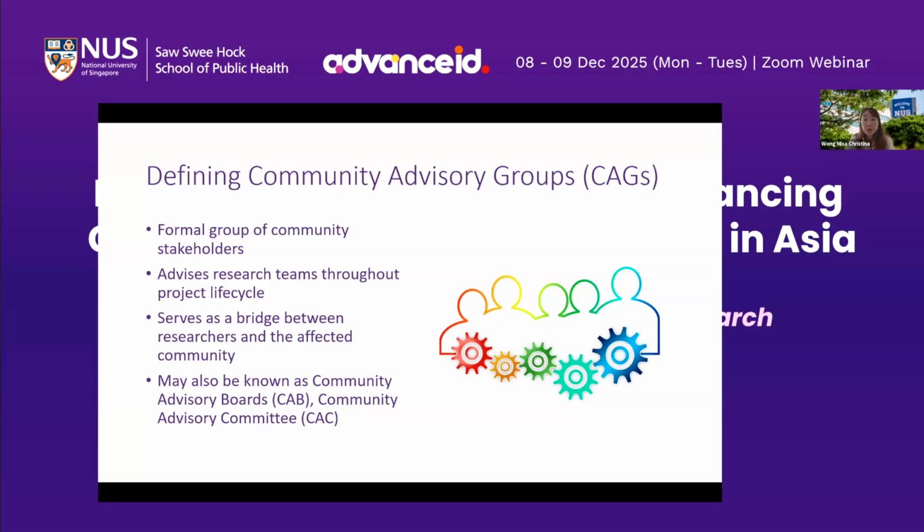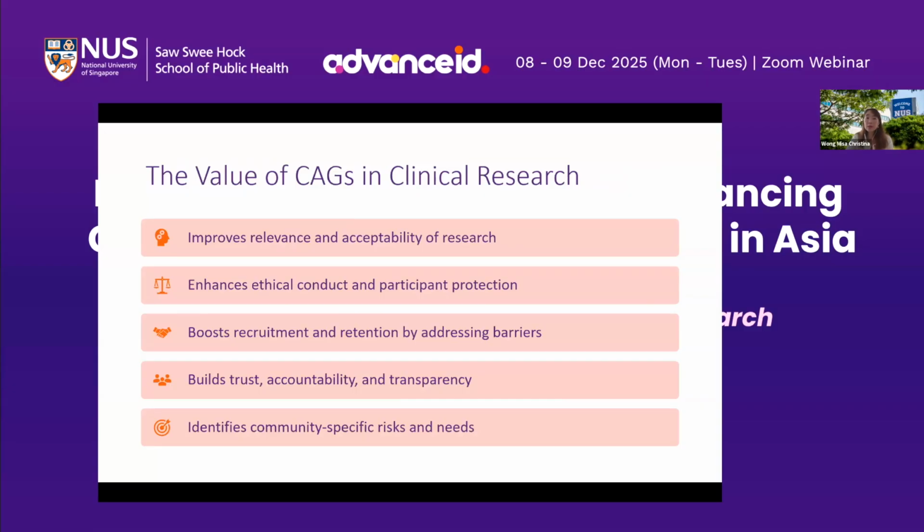The community advisory groups may also be known by other terms, such as community advisory boards or community advisory committees. Okay, so community advisory groups can also transform research by making it more relevant and trusted. They help also uncover community-specific issues early on, increasing recruitment and retention by promoting trust and also ensuring that the participants' rights and well-being are prioritized.